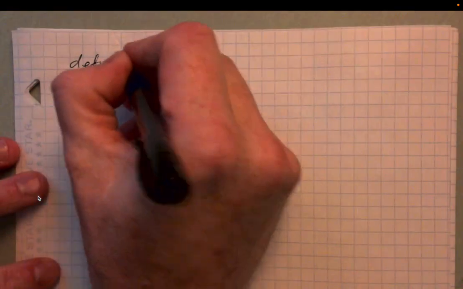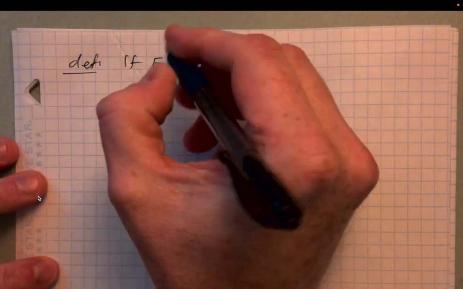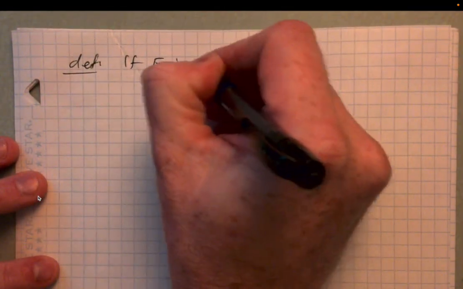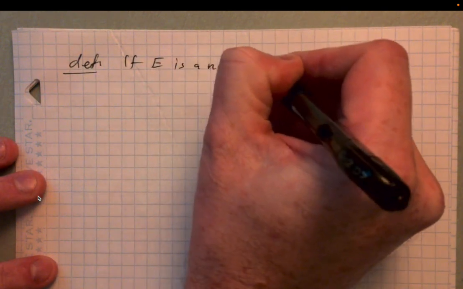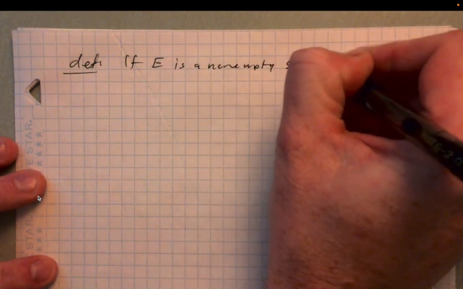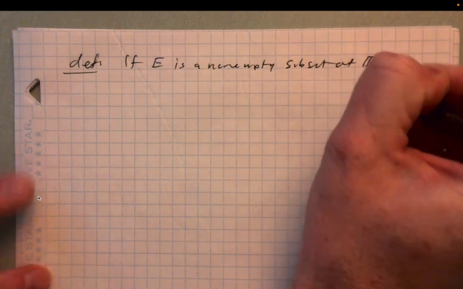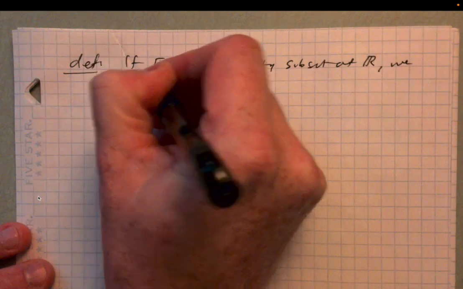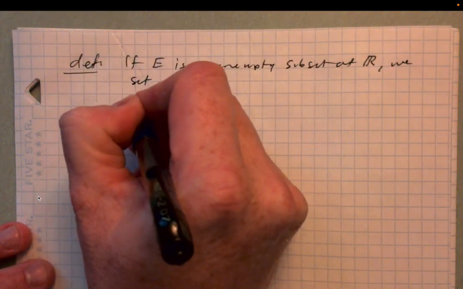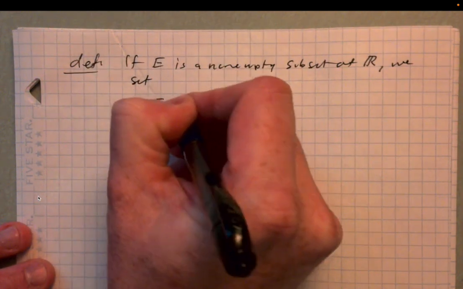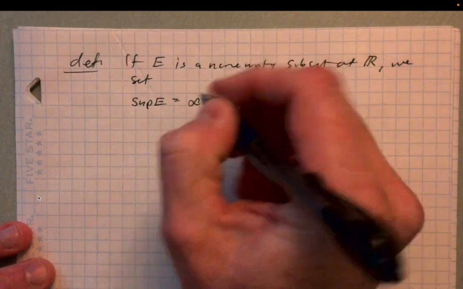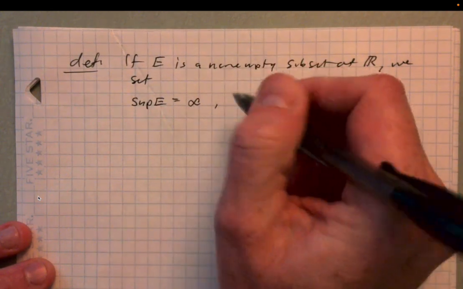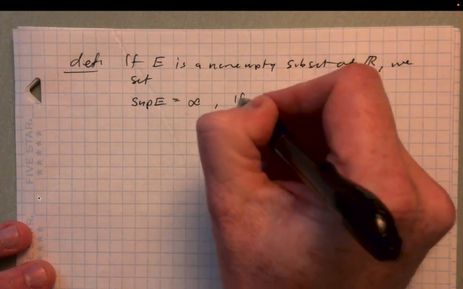Okay, so we'll start with the idea of an unbounded set. If E is a non-empty subset of R, we set the supremum of E equal to infinity if E is not bounded above.